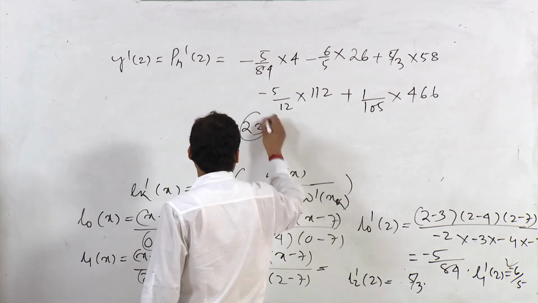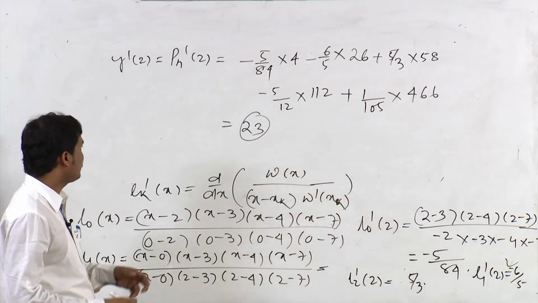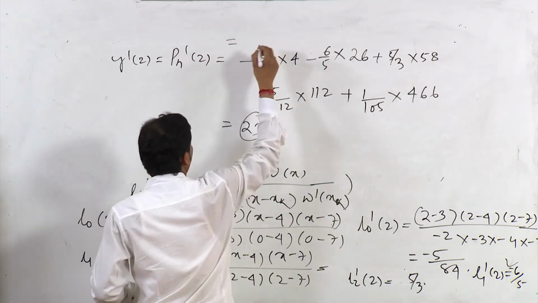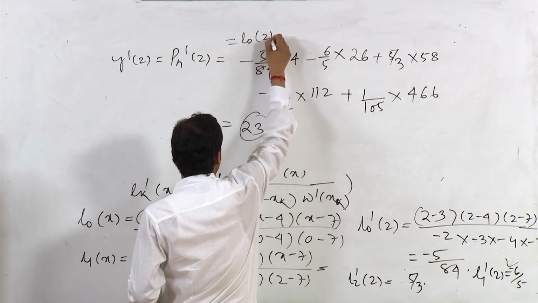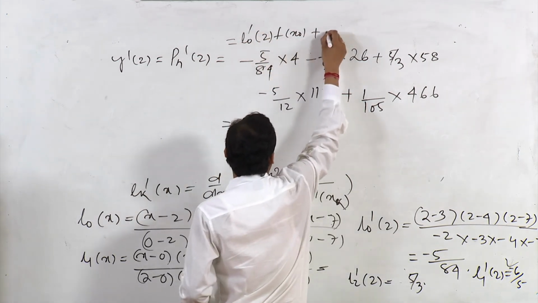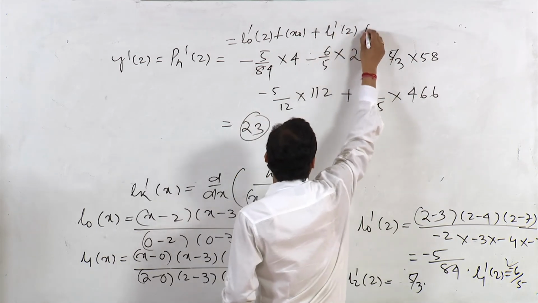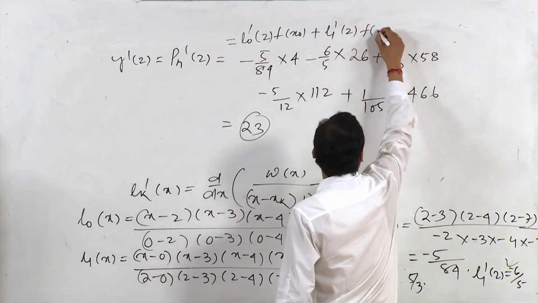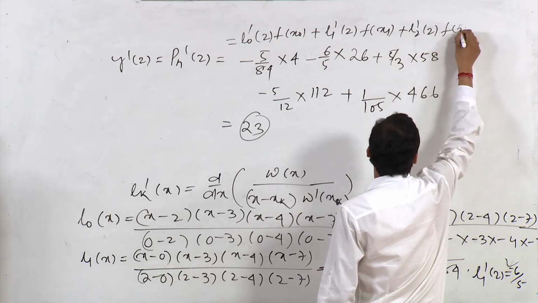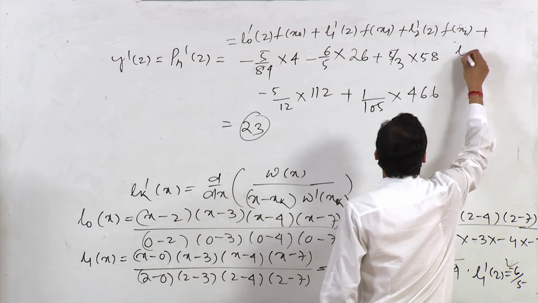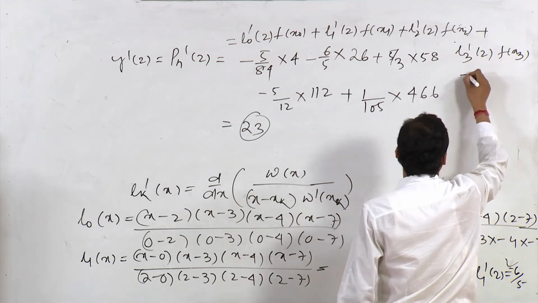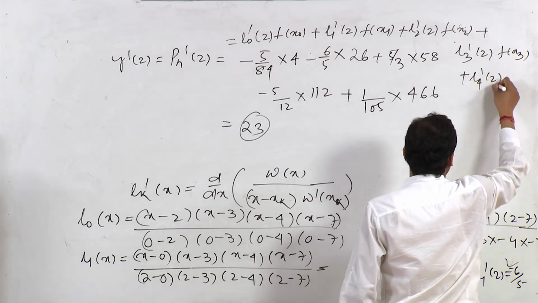The computed value is giving you 23. This means that we are writing these values in the form L0 dash of 2 into f of x0 plus L1 dash of 2 f of x1, L2 dash of 2 f of x2 plus L3 dash of 2 f of x3 plus L4 dash of 2 f of x4.